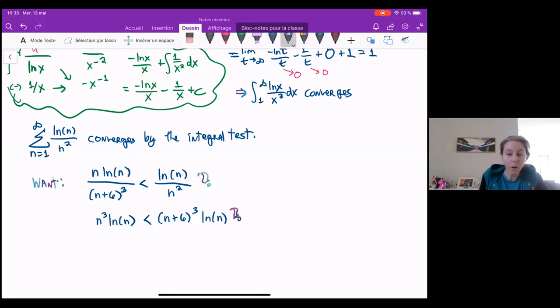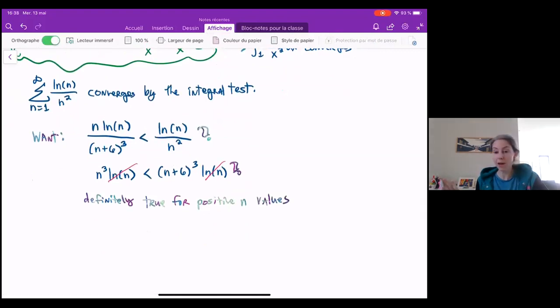Well, now hopefully it's even more obvious that it's true, because we can cancel those ln n's out, and yes, for positive n values, n cubed is less than n plus 6 cubed. So this is definitely true for positive n values. Okay, so we're actually done.